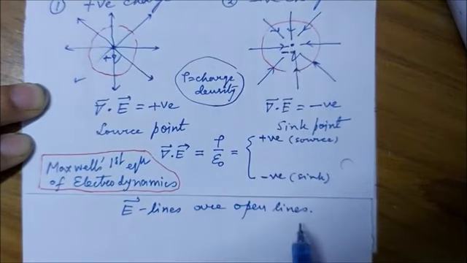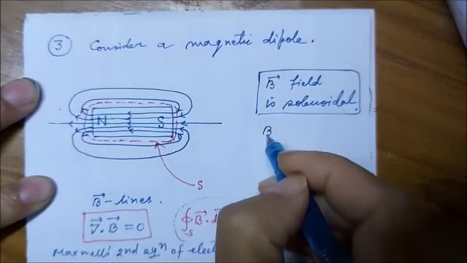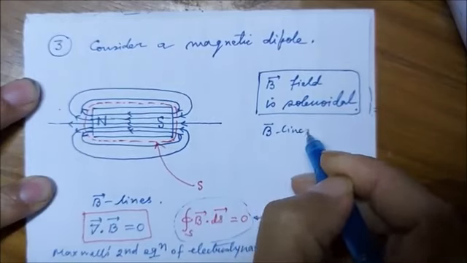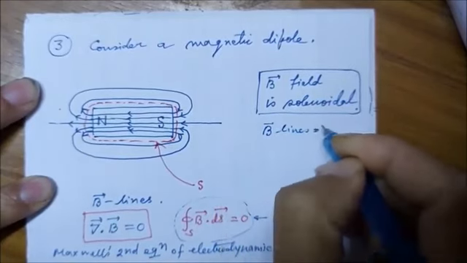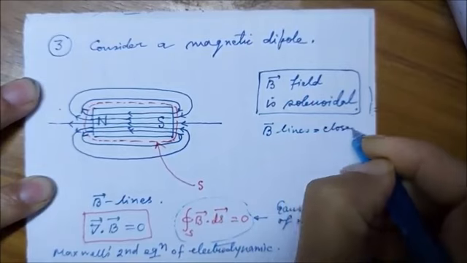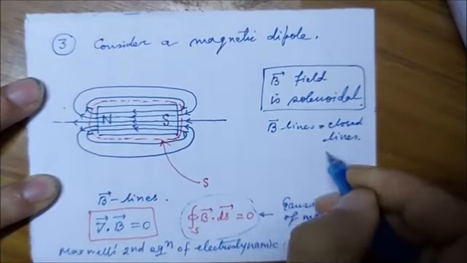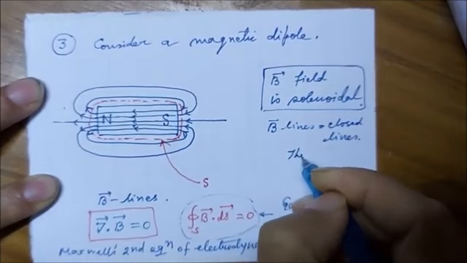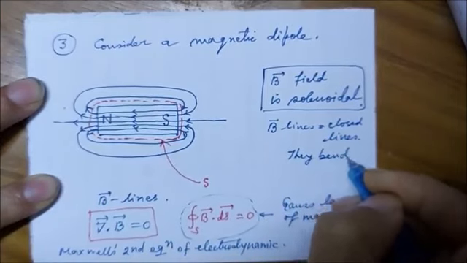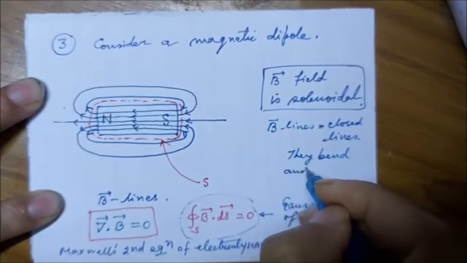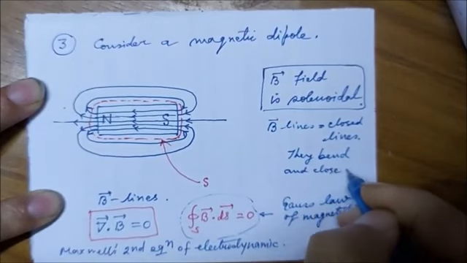So E lines are open lines, but B lines are closed lines. They bend and close upon themselves.